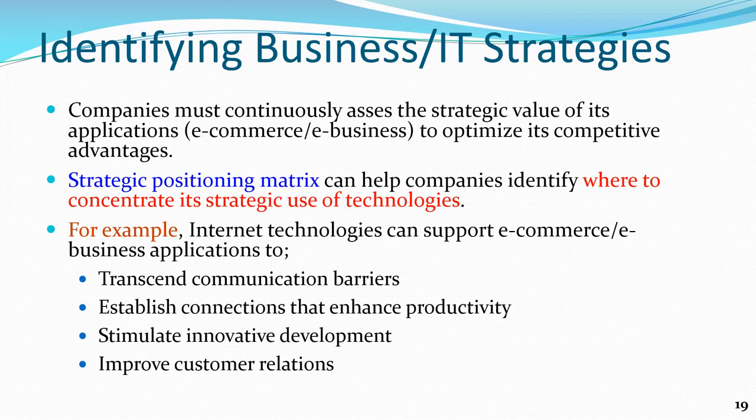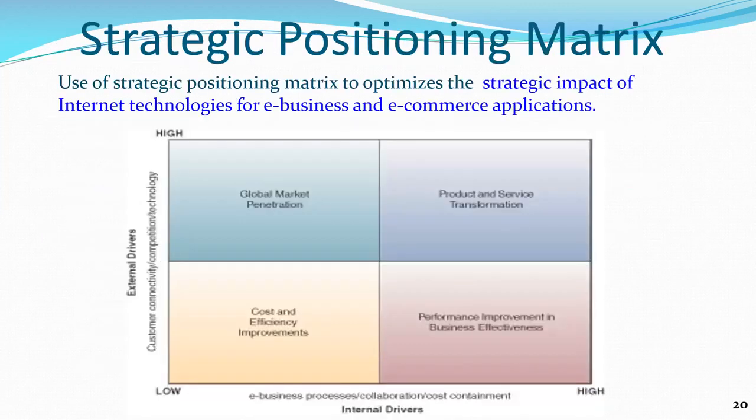So this is another matrix, which we call the positioning matrix, helpful for you to understand the strategic impact of the technologies for the organization, how they will be helpful, and how they could be used in the organization. This is the strategic positioning matrix, having 4 quadrants.